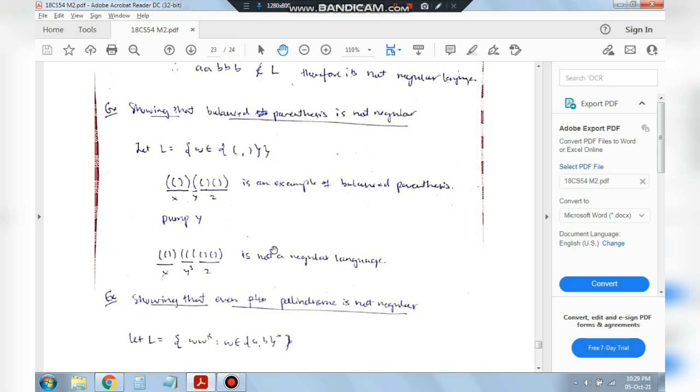Therefore, it's not regular. See, it's very simple. Take x and z, and in between take any character as y. Increase that character n number of times. Then check whether that belongs to the language or not. If it belongs, it's regular. If it does not, it's non-regular.